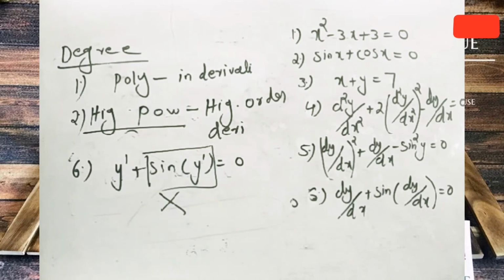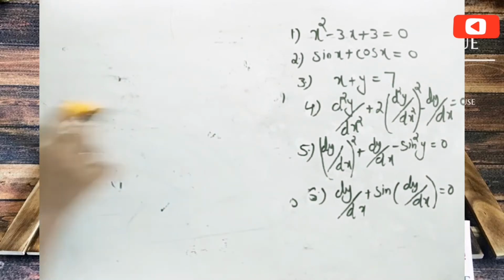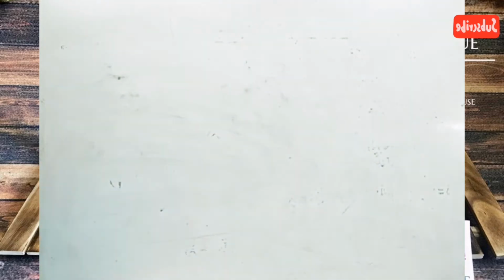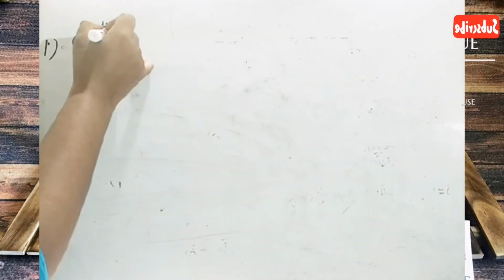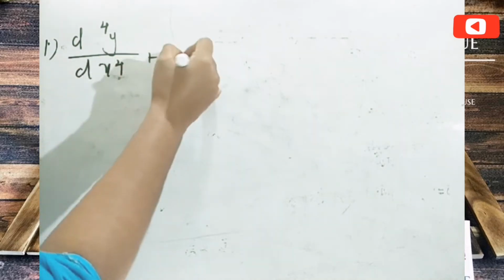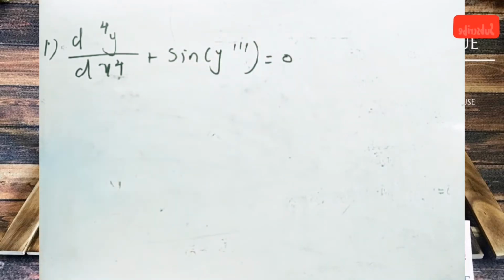Now I'm going to discuss exercise 9.1. In exercise 9.1, we need to find the degree and order of the given differential equations. The first one is the fourth derivative, d^4y by dx^4, plus sine of y triple dash is equal to 0.